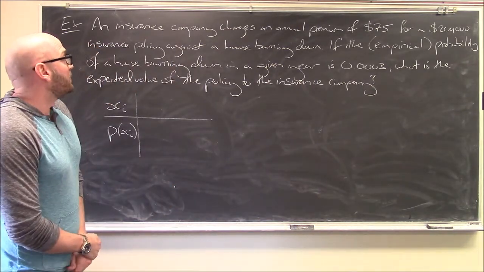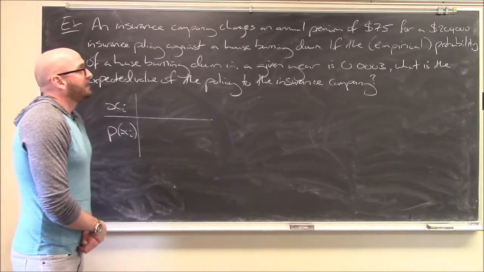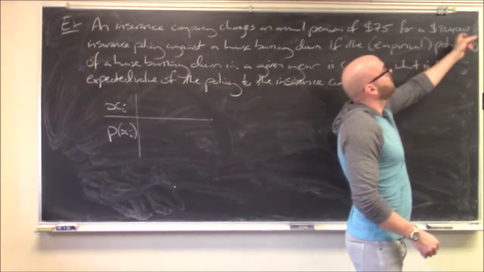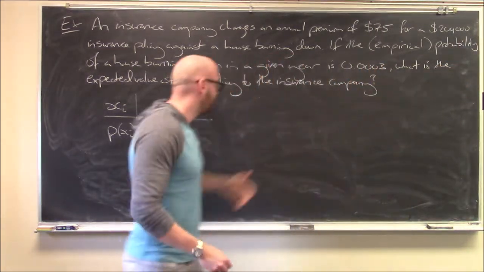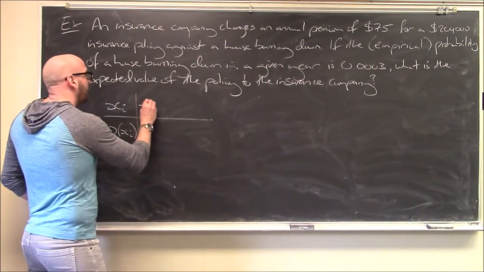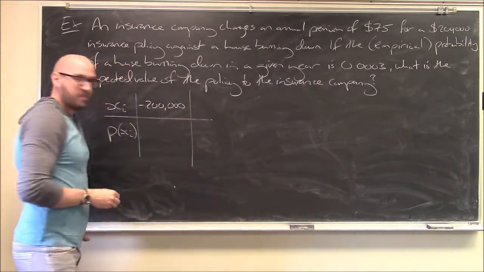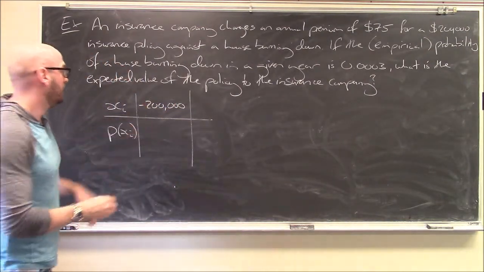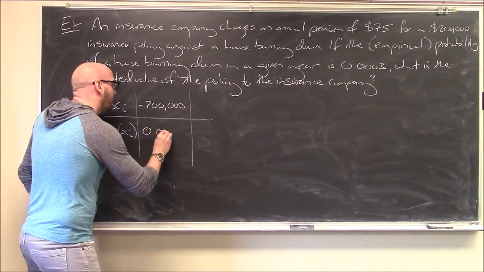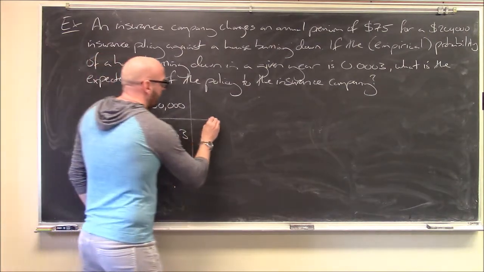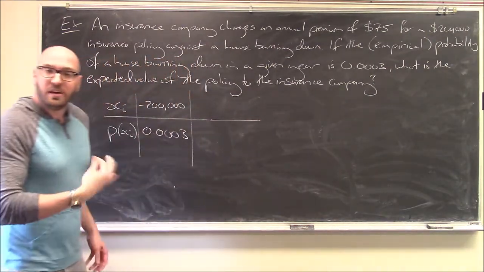In the event that a house burns down, we should assign the value negative $200,000, because that's how much this insurance company is going to lose. They have to pay out $200,000. And the probability of this occurring is just a very small 0.0003.